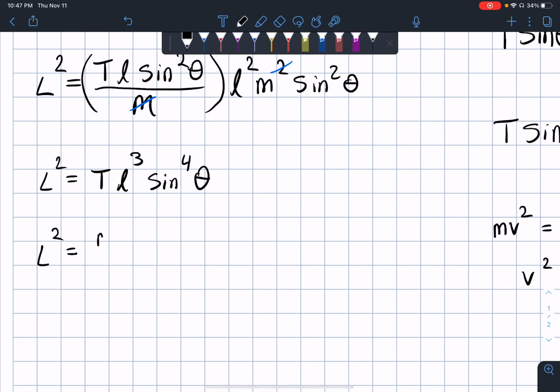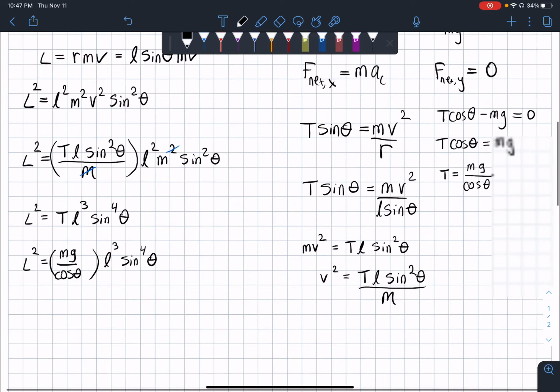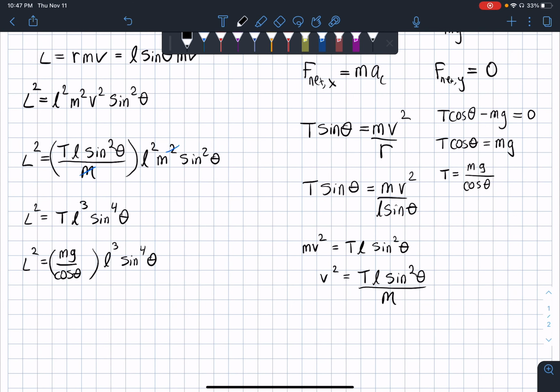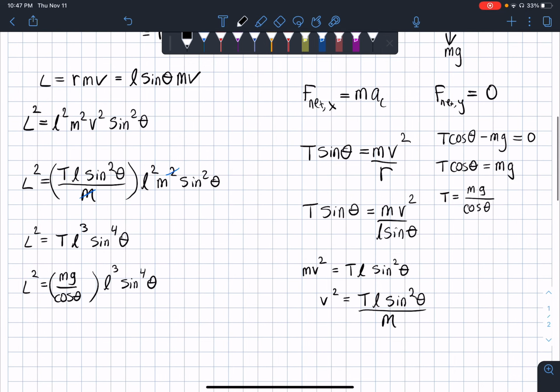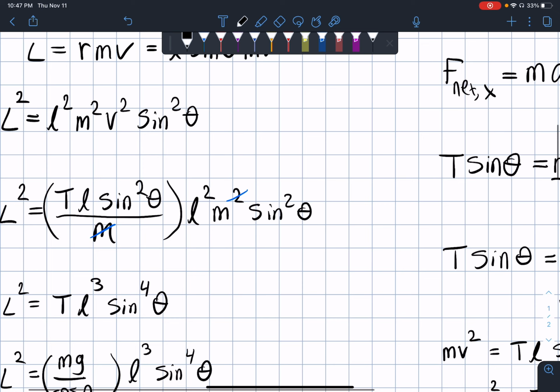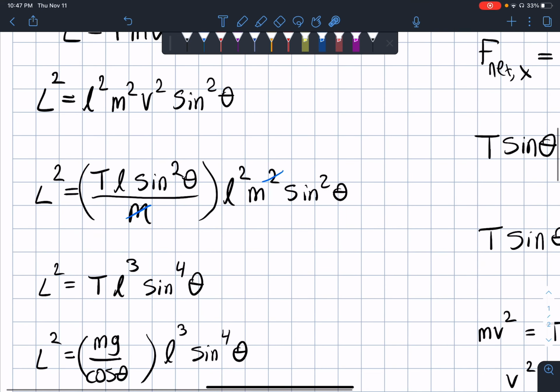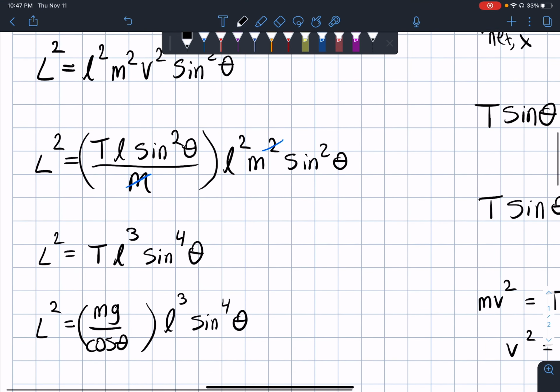So L squared equals mg over cosine theta times L cubed sine to the fourth theta. Oops, I am actually missing something. So right here, I canceled this m with one of these m's, but I actually forgot to add this m.